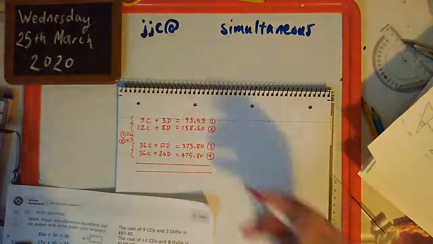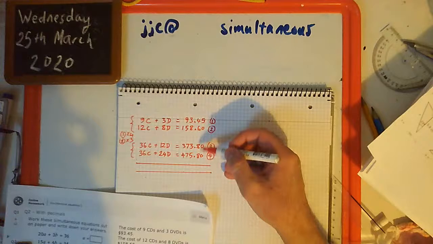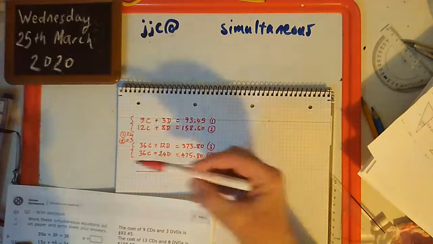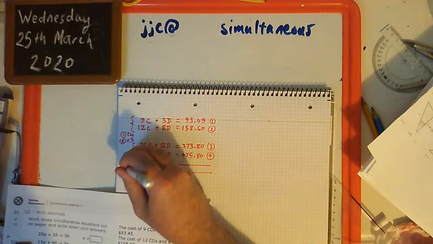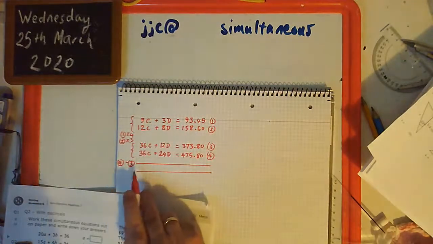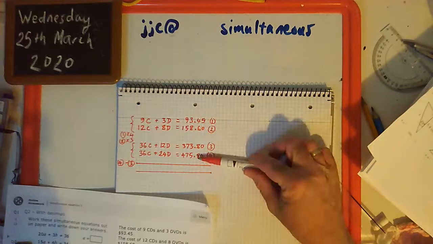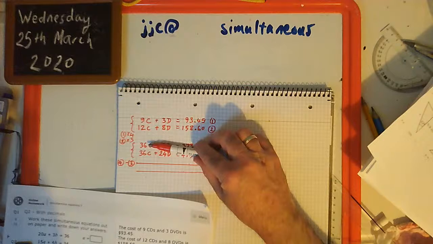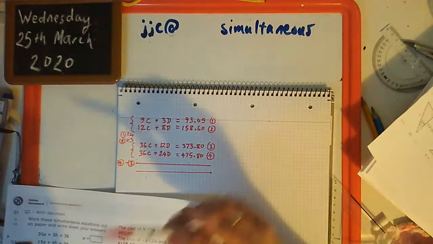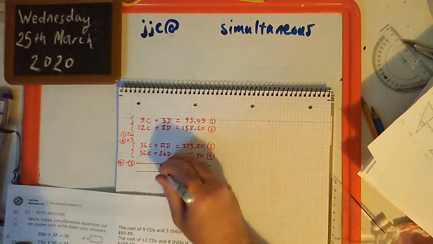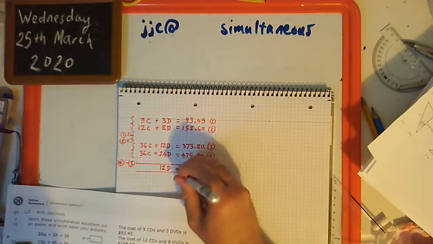So again, I'm going to do the bottom minus the top just on this occasion because I happen to see that I've got bigger numbers on the bottom. So to avoid messy things with minuses, I'm going to do equation 4 minus equation 3. So 36c, take away 36c, cancels out. 24d minus 12d is going to give me 12d.